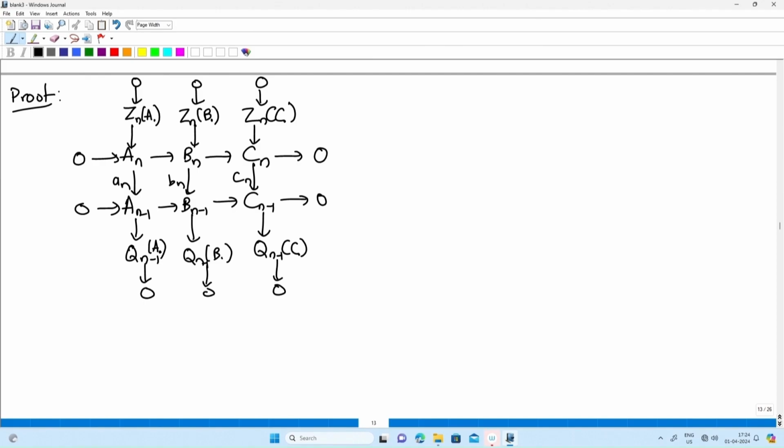So now what does the snake lemma say? There are maps everywhere. The snake lemma guarantees existence of these red things.